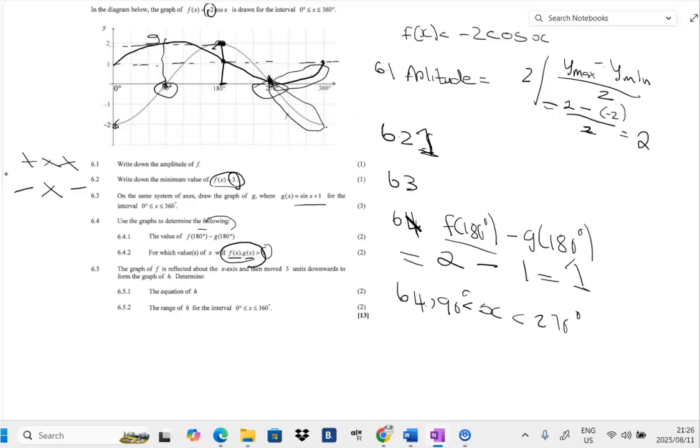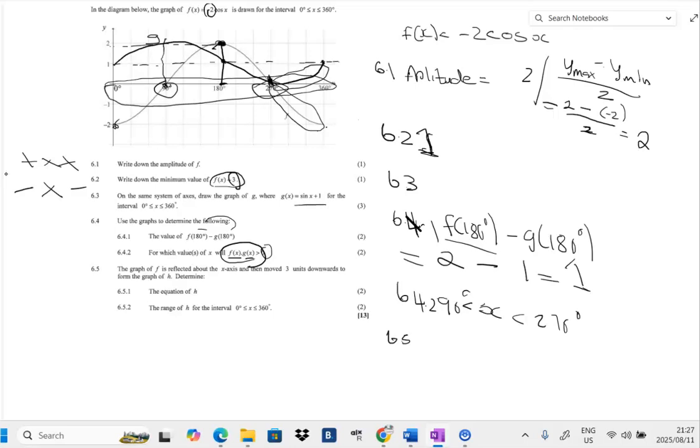Okay, let's go to 6.5. It says the graph of f is reflected about the x-axis. This is the x-axis, right?